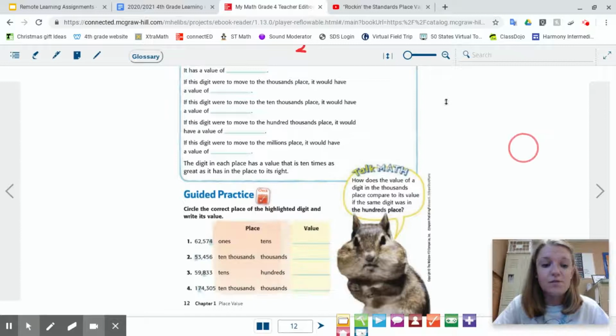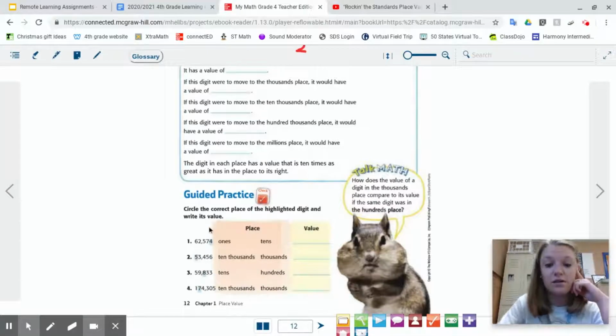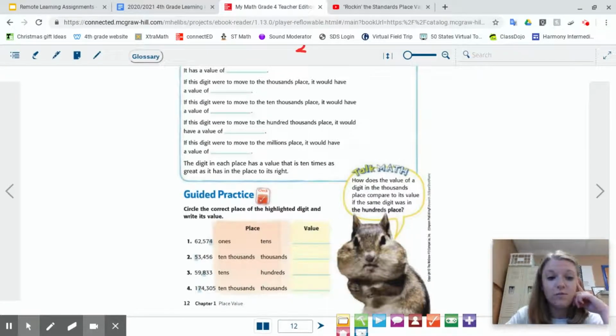So let's look at a few examples. It says circle the correct place of the highlighted digit and write its value. So the 4 is highlighted. What place is the 4 sitting in? So if this were in a chart, what place? When I say place, I want a word.